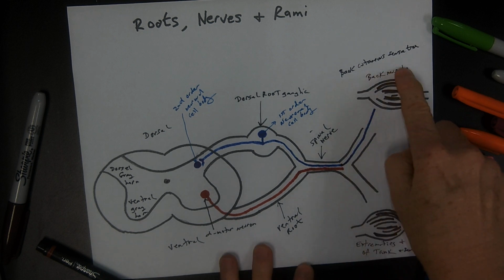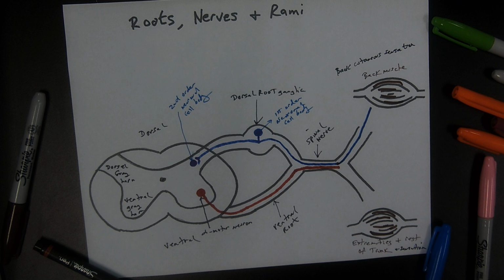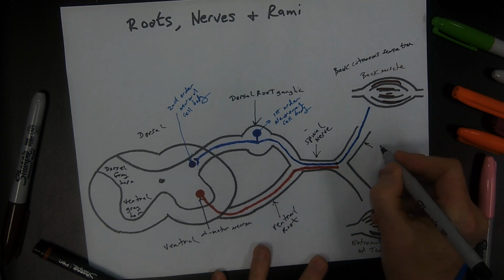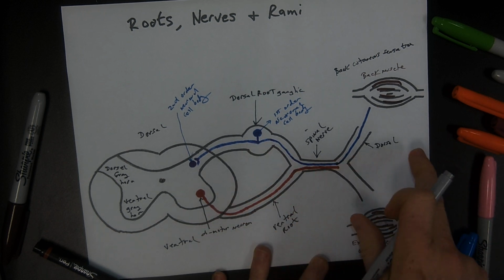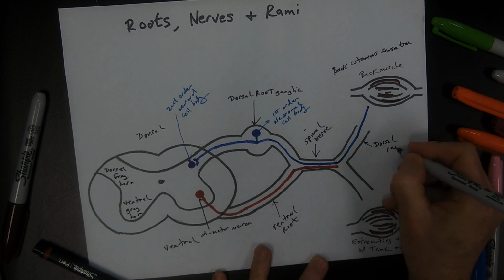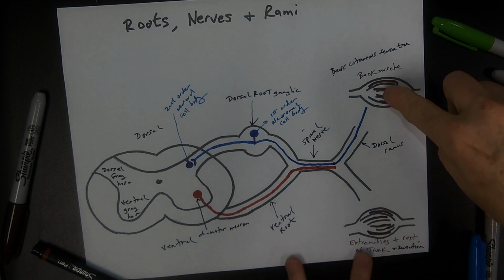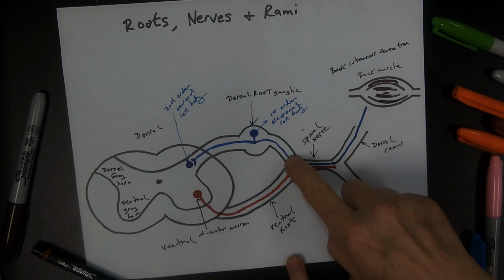Cutaneous sensation coming from the back travels through this structure, and this structure is nothing more than a dorsal ramus. So we stick with the dorsal, but we've gone from root to nerve to ramus, R-A-M-U-S, is singular. Sensory information coming from back musculature travels through the dorsal ramus, goes through the spinal nerve.